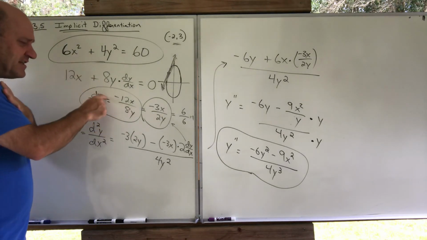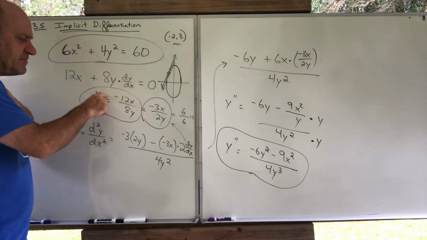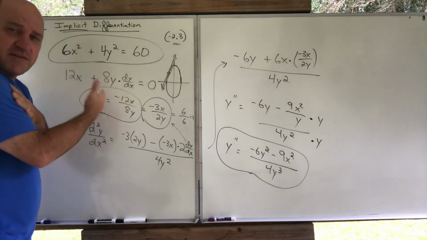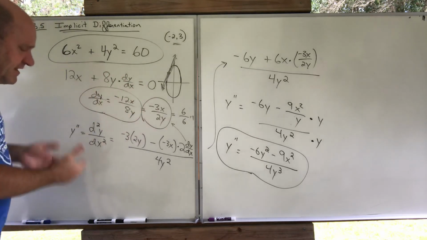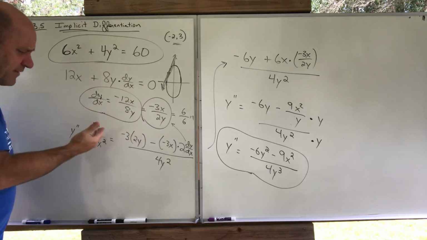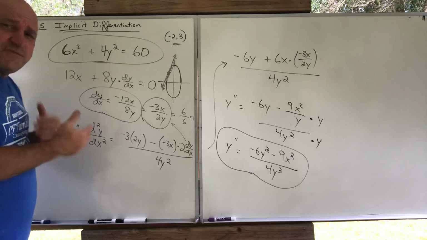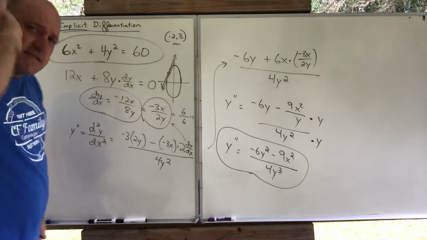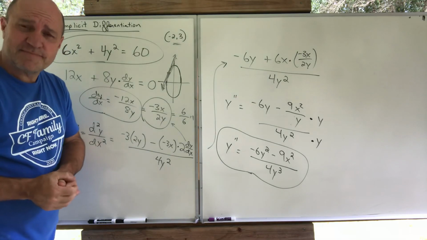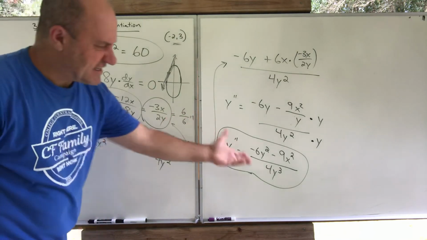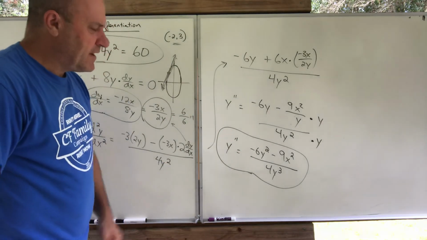The change in distance over time, the change in position over time, that would be the velocity at any moment, an instantaneous velocity. And the second derivative of y with respect to x, if x is time and y is distance or position, then the second derivative is acceleration. So the instantaneous acceleration at any moment.